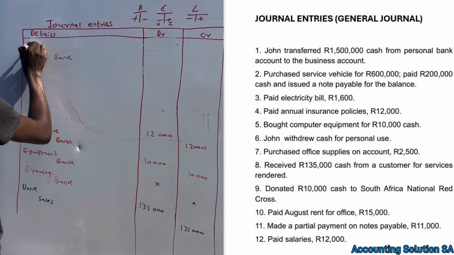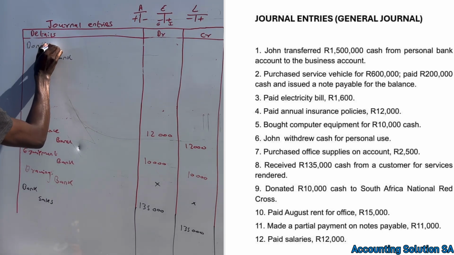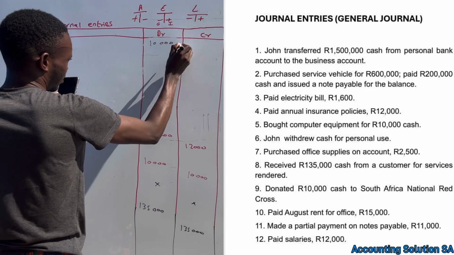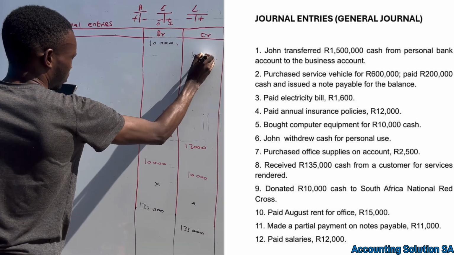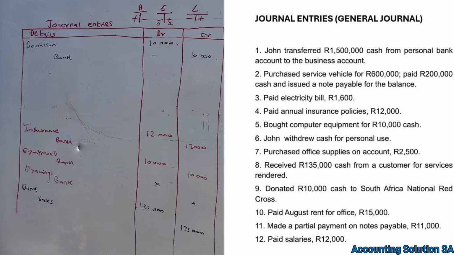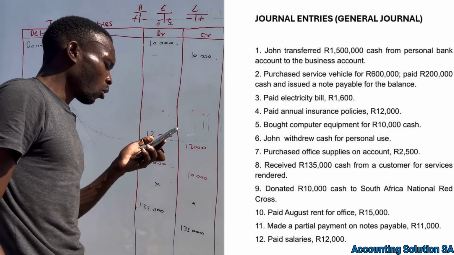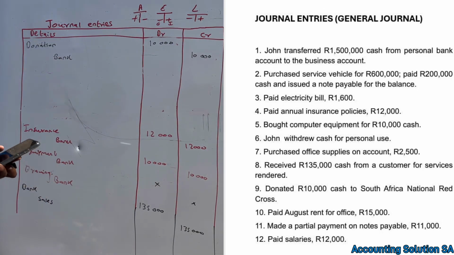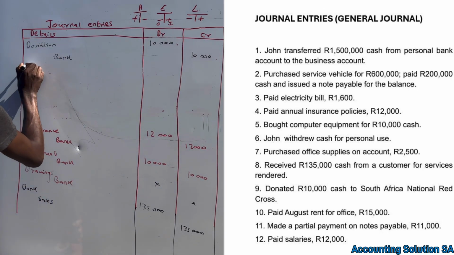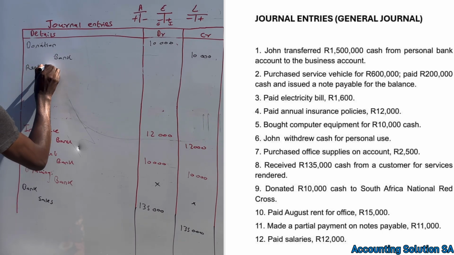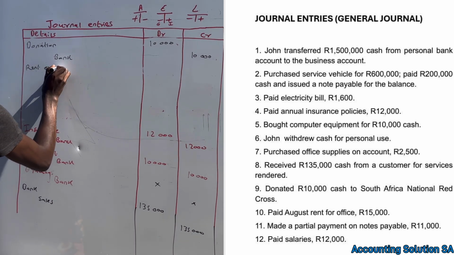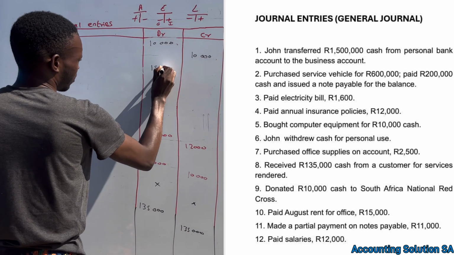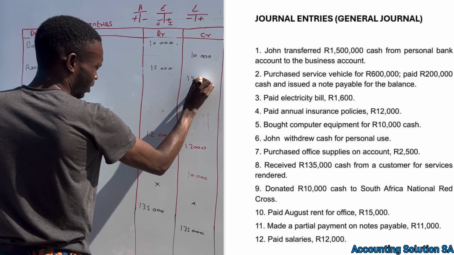Then donation is an expense. The amount is 10,000 cash. Then they say that paid August rent for office of 15,000. We paid rent expense, and bank this side, and it is going to be 15,000.